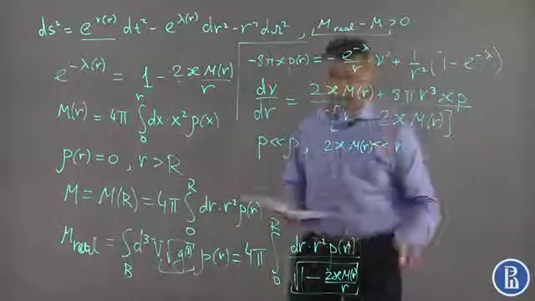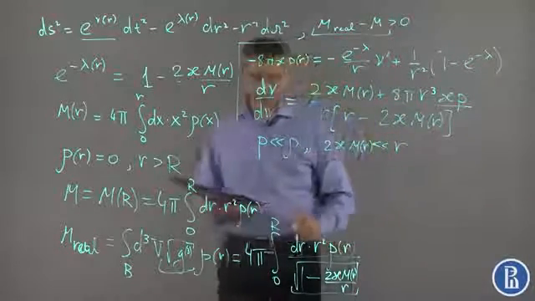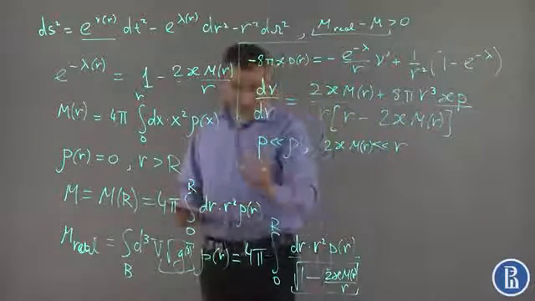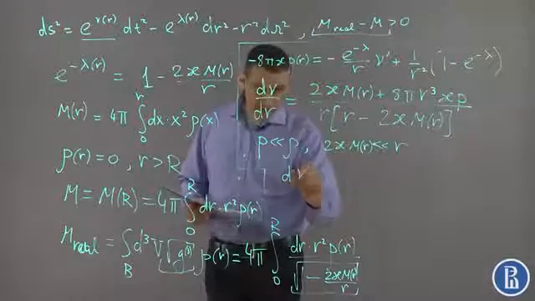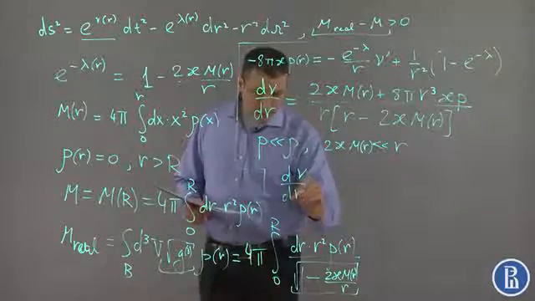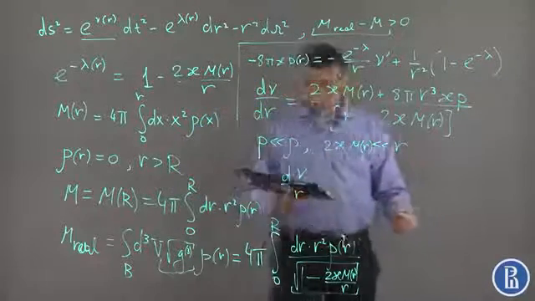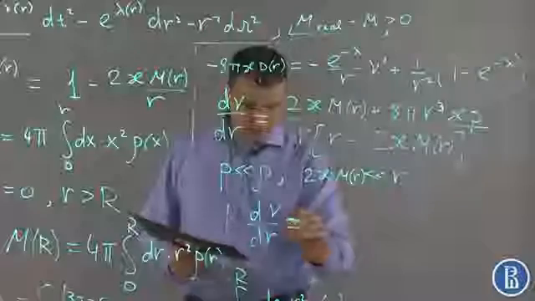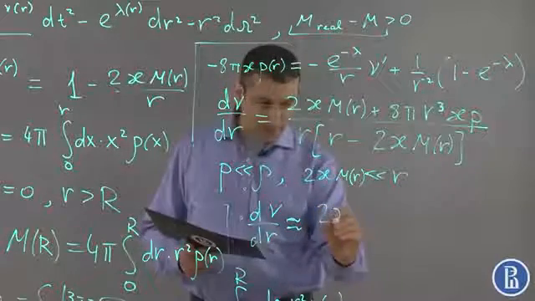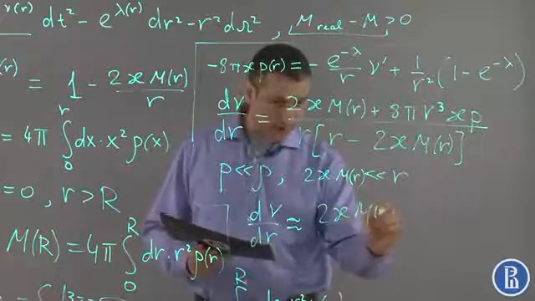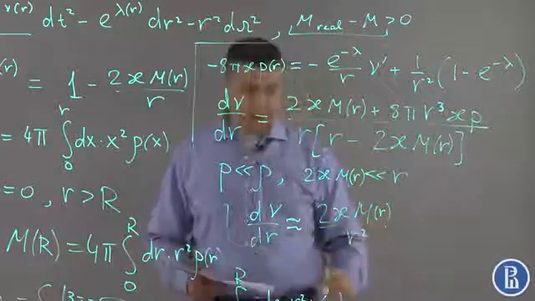So again we can neglect this term in comparison with this. As a result, the equation that we obtain is dν/dr is nothing but 2κm(r) divided by r².